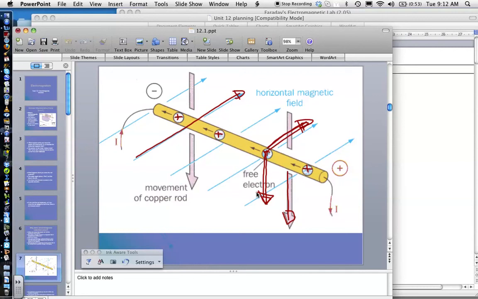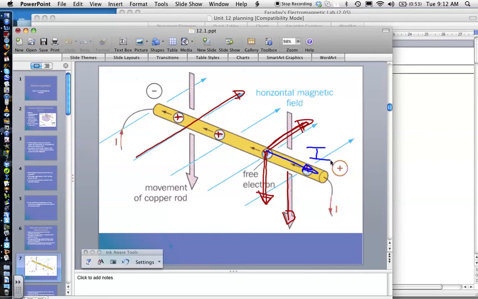So let's do that. Just do that with me. The magnetic field is going in the direction of the fingers, the thumb pointing downwards. Can you see your palm is actually pointing in this direction here? This will be the direction of the current that flows.